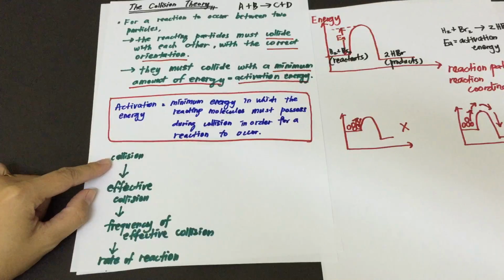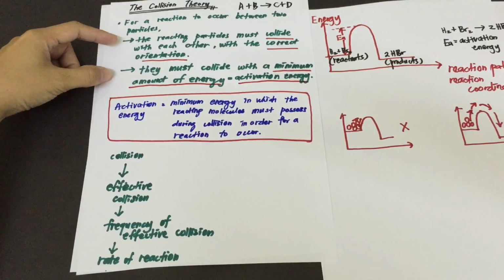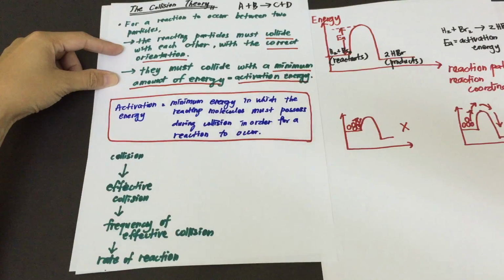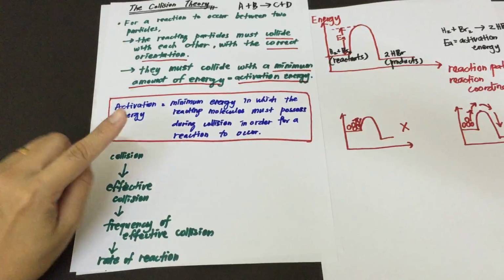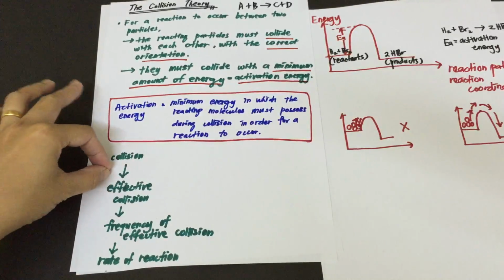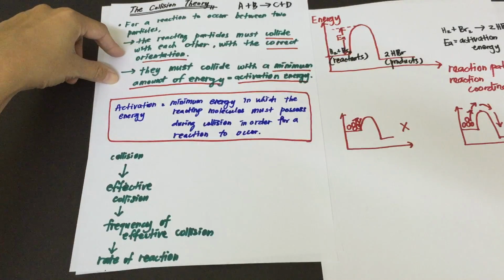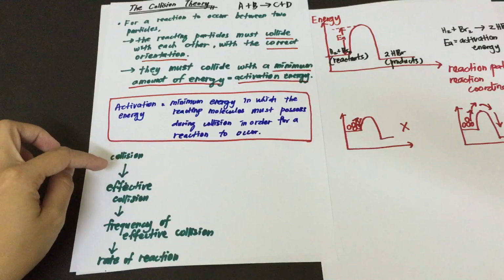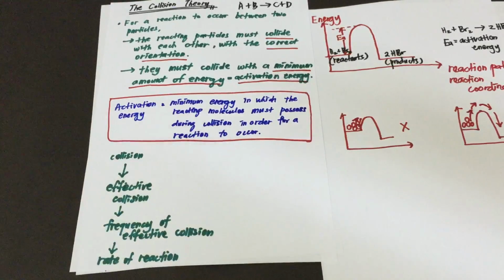Usually when the collision happens, sometimes if they cannot fulfill these 2 points, the collision is unsuccessful. If the collision is unsuccessful, that means no reaction will happen. If during the collision they manage to fulfill these 2 points of the collision theory, that means this particular collision will be successful.